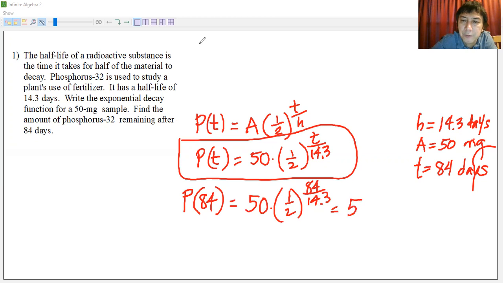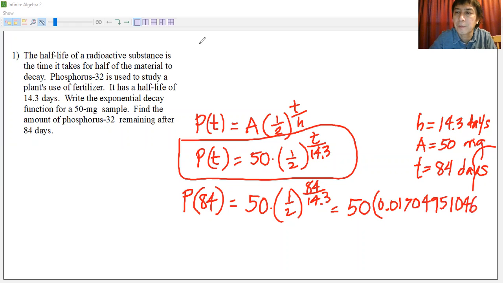So this will be 50. Let's compute that 1/2 raised to the fraction 84 over 14.3. So that's 0.5 raised to 84 over 14.3. That should be about 0.01704951046. And that's the equivalent of 1/2 raised to the fraction 84 over 14.3.